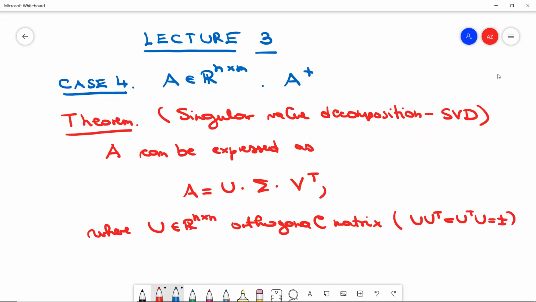But in words, this means that the columns of the matrix U are of norm 1 and perpendicular to each other. So the columns of U are an orthonormal basis for R to the power of n. This is an equivalent way of stating that U is an orthogonal matrix. So this is true for U. Then V is also an orthogonal matrix, but of size m times m.